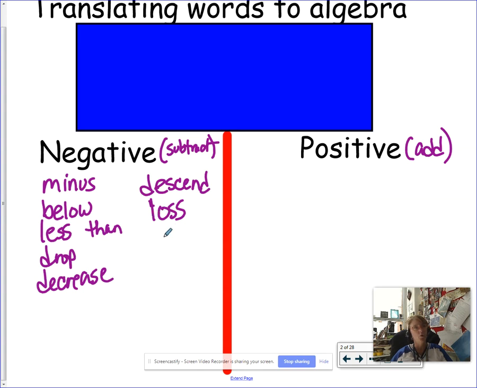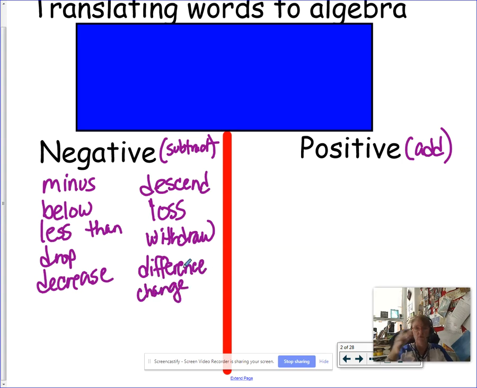When you go to the bank or just to an ATM machine, if you withdraw some cash, that's there. That's a good start. Sometimes you'll see the word like difference or change, which would imply doing some subtraction or do something with a negative value.